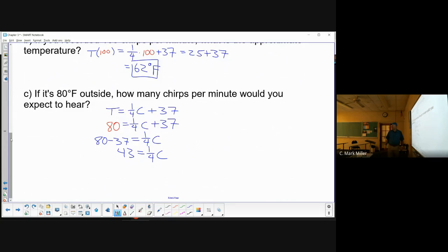I like what I'm solving for to be on the left. So C is going to be 4 times 43, and that's 172 chirps per minute.